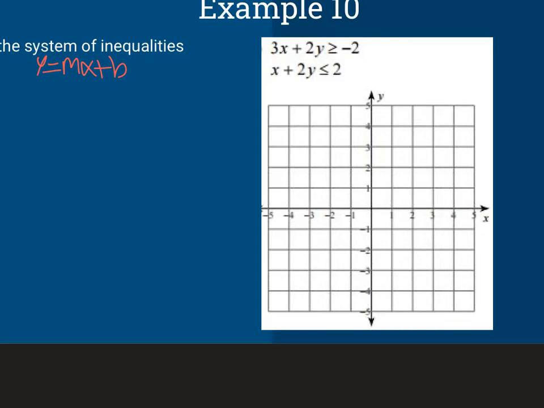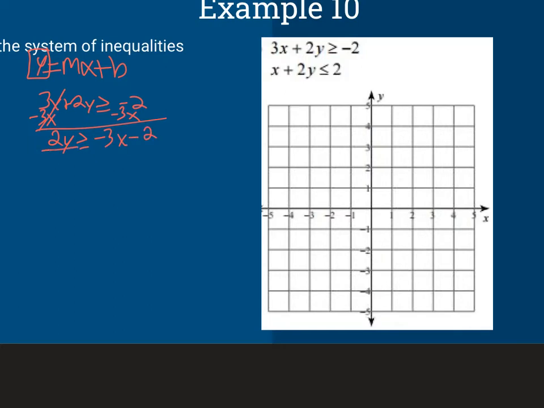The first one is 3x plus 2y is greater than or equal to negative 2. Now, whenever we're putting in slope-intercept form, we want to solve for y. Got it? So I'm going to move that 3x over by subtracting it. And I've got 2y is greater than or equal to negative 3x minus 2.